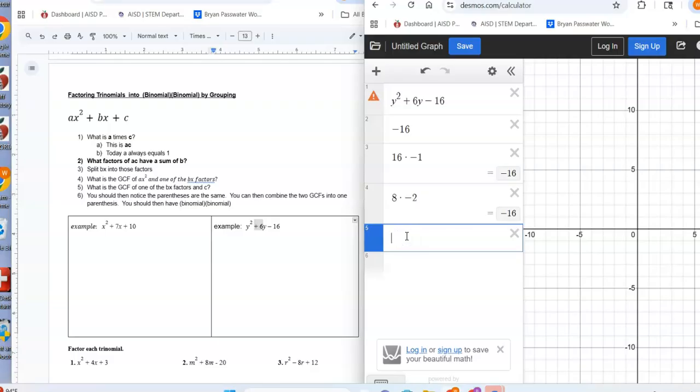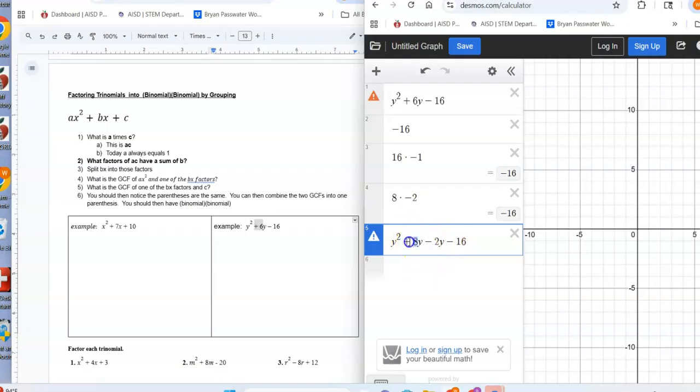So now I'm going to split bx, which is 6y, into those two factors. So now it is y squared plus 8y minus 2y minus 16. I split 6y into positive 8y and negative 2y.